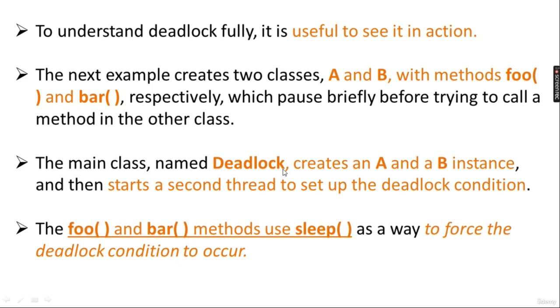A has the foo method and B has the bar method, and both pause briefly before trying to call a method in the other class. The foo and bar methods use sleep as a way to force the deadlock condition to occur.